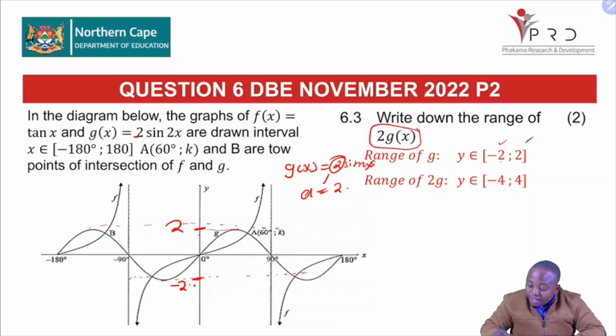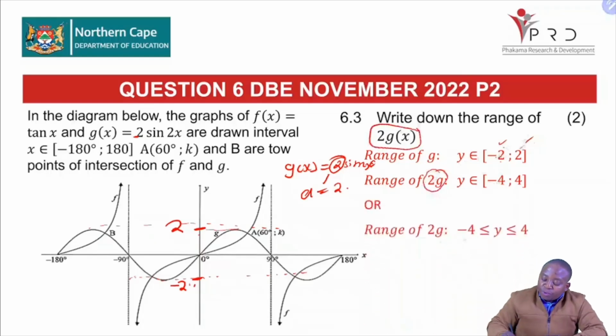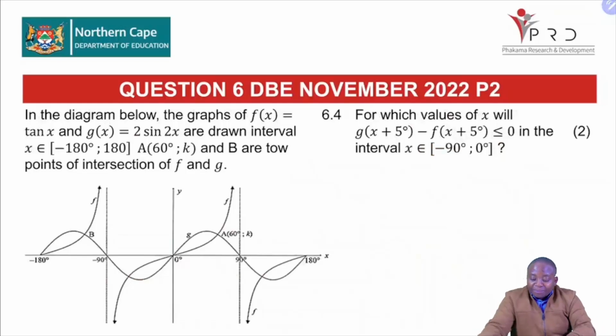So on my g at x, I'll have negative 2 multiplied by 2, and also on the second value of y, I'm going to have 2 multiplied by 2 again. So everything from the g is multiplied by 2. Then it's negative 4 and 4. Or we can write it in interval notation, where the range of 2g is negative 4 less than or equal to y less than or equal to 4.